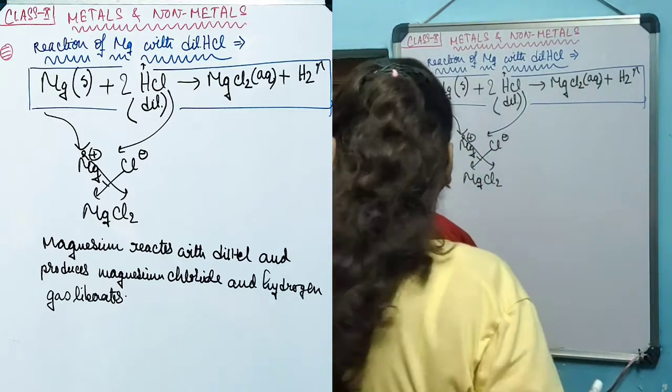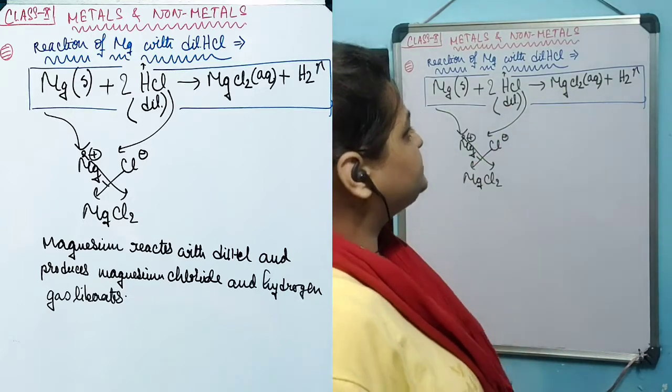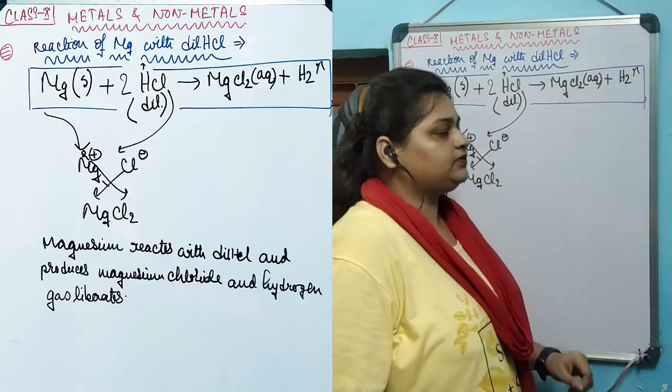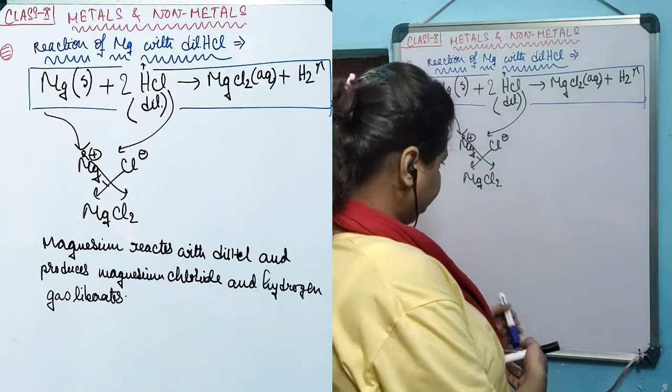Mg solid reacts with 2HCl in dilute condition, produces magnesium chloride, MgCl2 in aqueous medium, and hydrogen gas liberates.